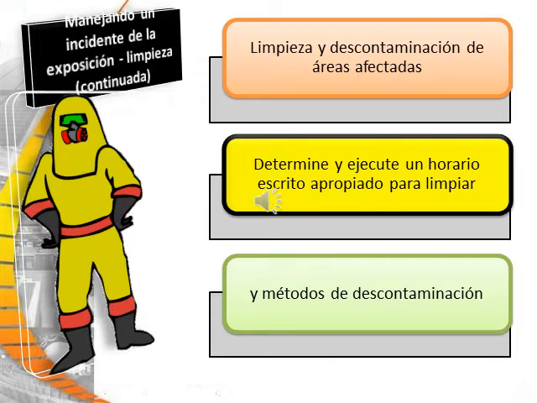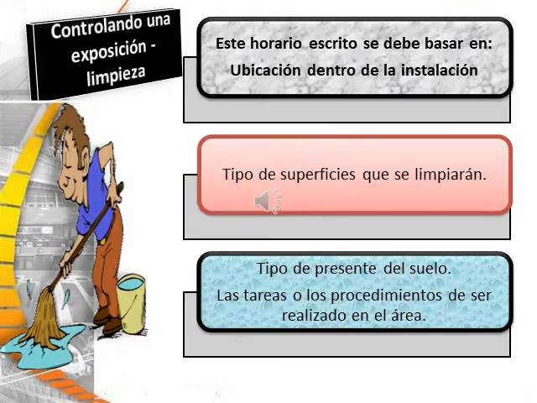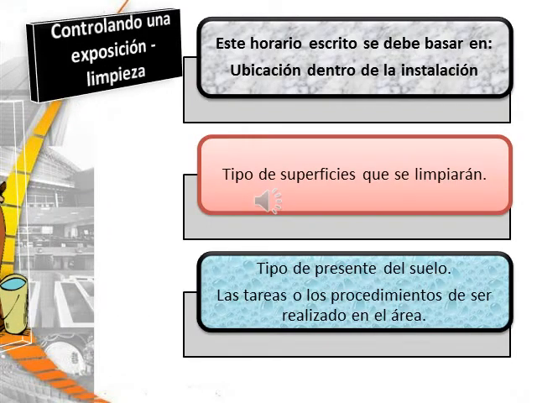Cleaning and decontamination of affected areas. The employer first must make a determination and implement a written schedule for cleaning, as well as methods of decontamination. The written schedule must be based on the location within the facility, the types of surfaces to be cleaned, the type of soil present, and the tasks or procedures to be performed in the area.